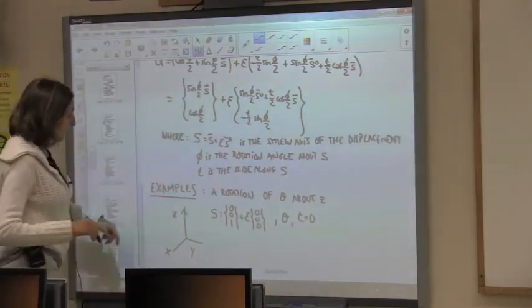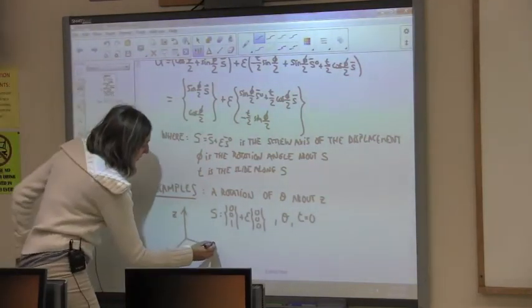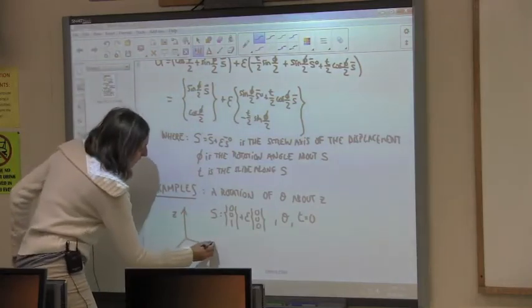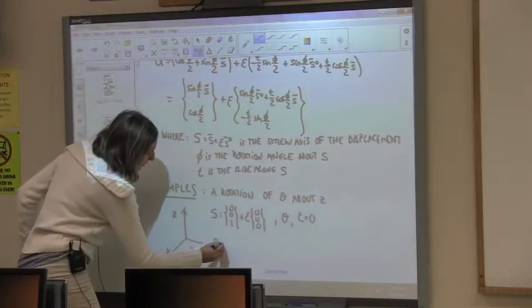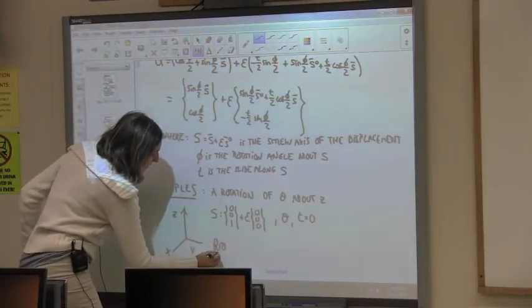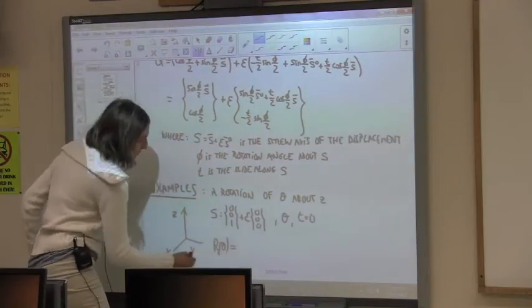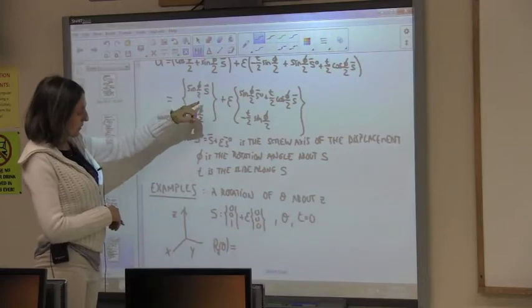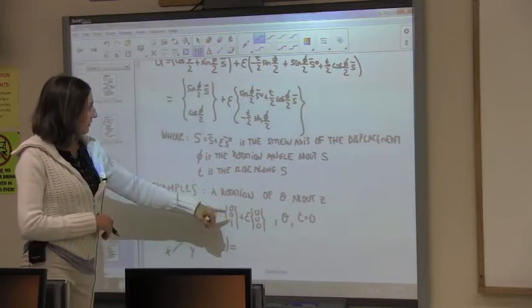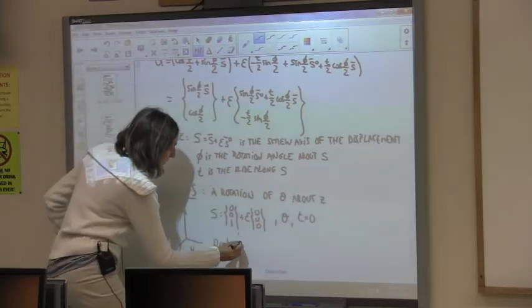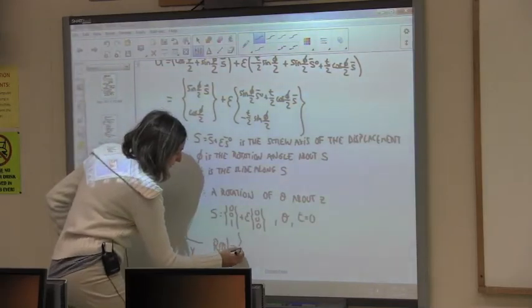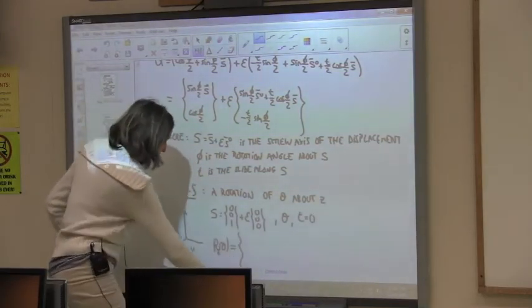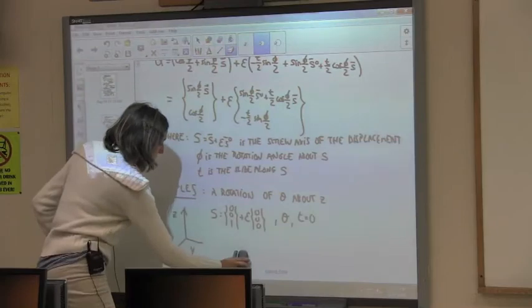If we just write that there, we will get that this, let's just call it R, the rotation of theta, R_Z theta equal to sine of theta divided by 2 times S. Can you see this? I don't want to extend too much, but let me just put it here on the side.